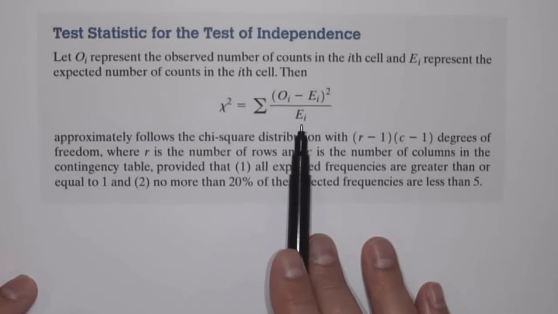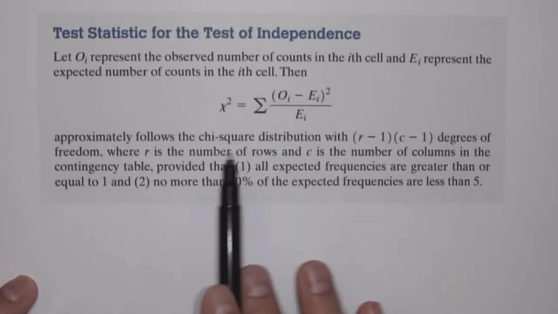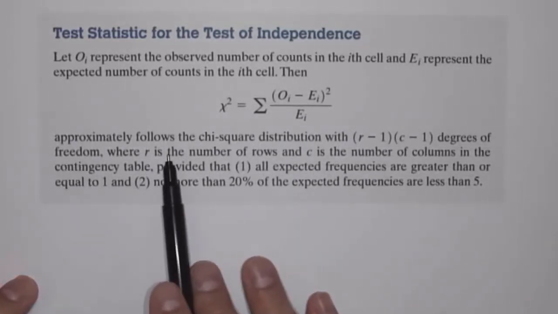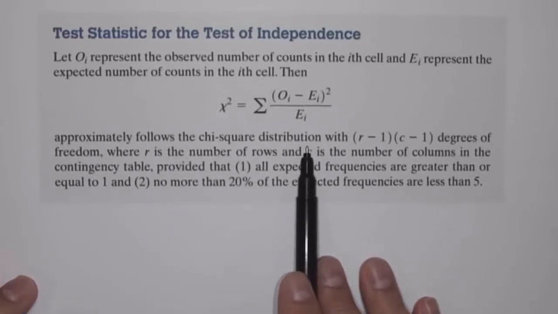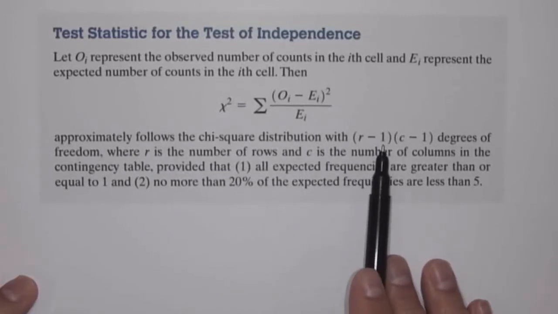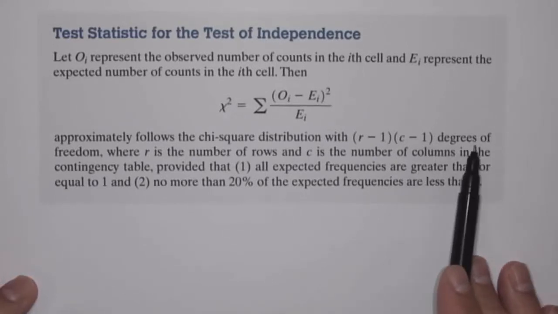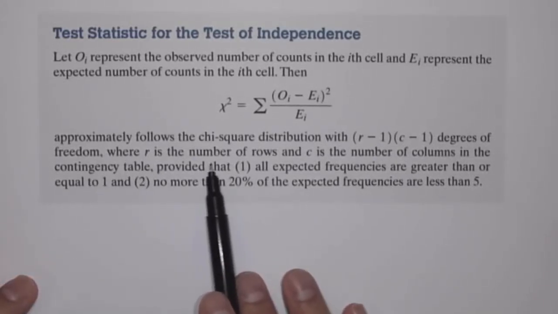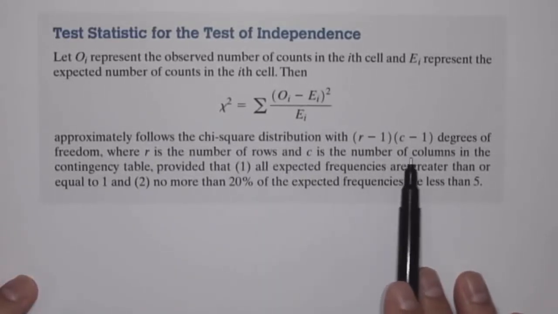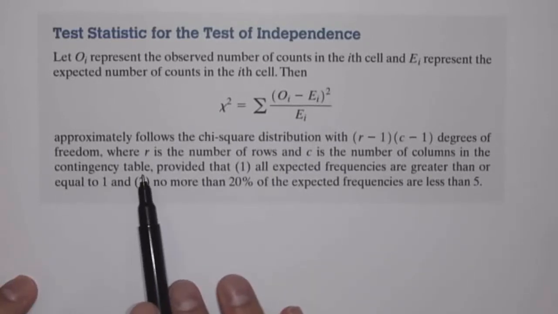The only difference is that here we're looking at a contingency table, so we have observed and expected values within the contingency table cells. Anyway, this approximately follows the chi-square distribution with (R minus 1) times (C minus 1) degrees of freedom, where R is the number of rows and C is the number of columns in the contingency table.